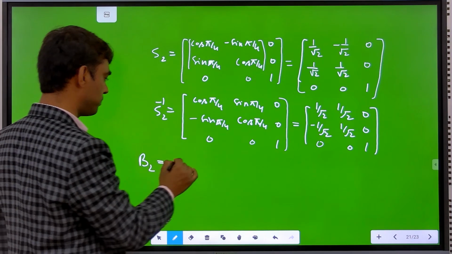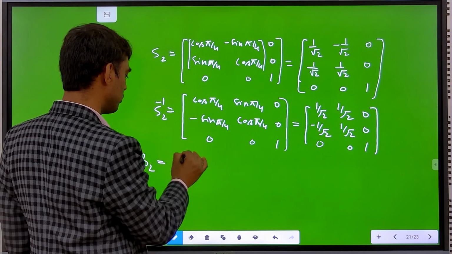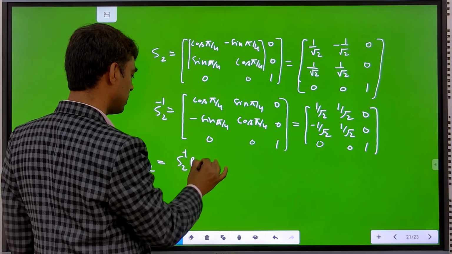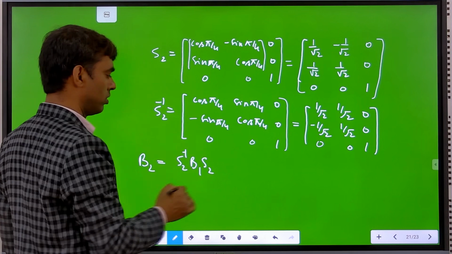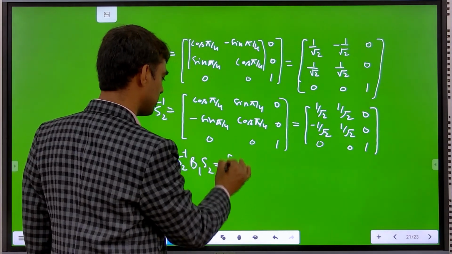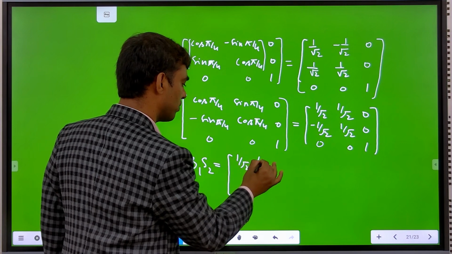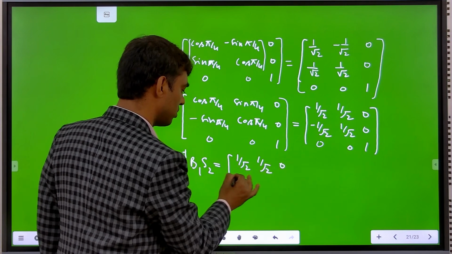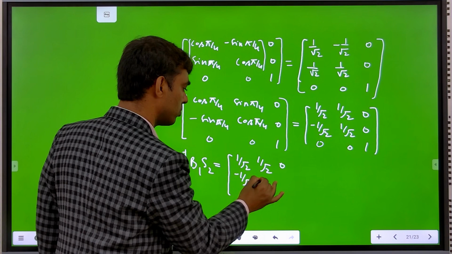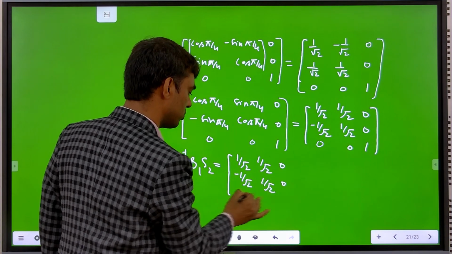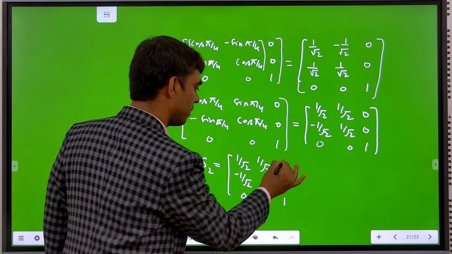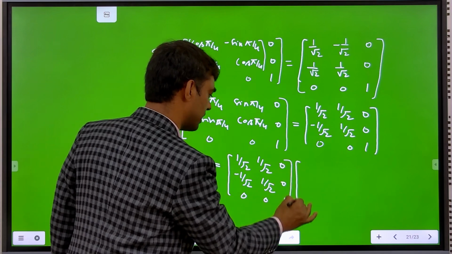B2 equals S2 inverse B1 S2. So here we write S2 inverse, which is 1 by root 2, 1 by root 2, 0; minus 1 by root 2, 1 by root 2, 0; 0 0 1, and here we write the matrix B1.